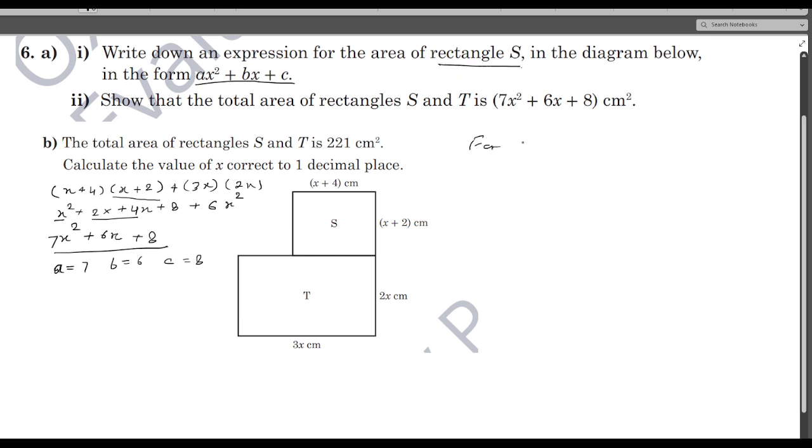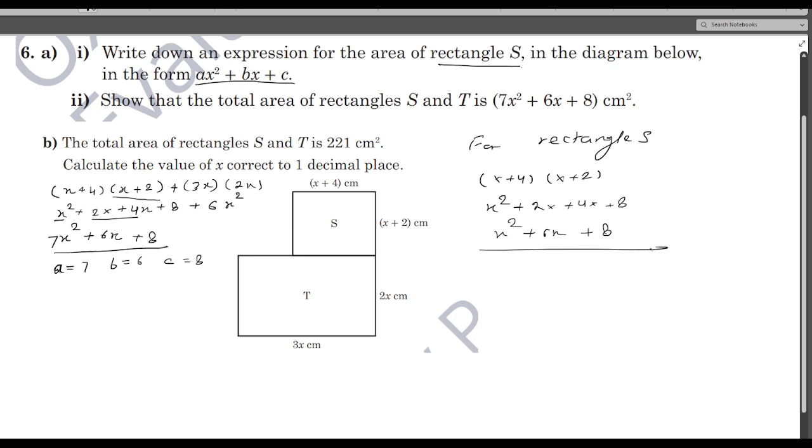So for rectangle S, it is x plus 4 times x plus 2 only. So this is x square plus 2x plus 4x plus 8, that is x square plus 6x plus 8.